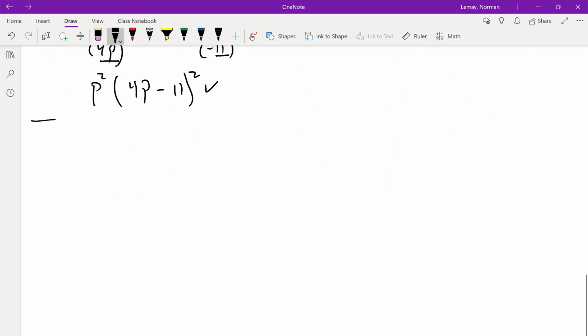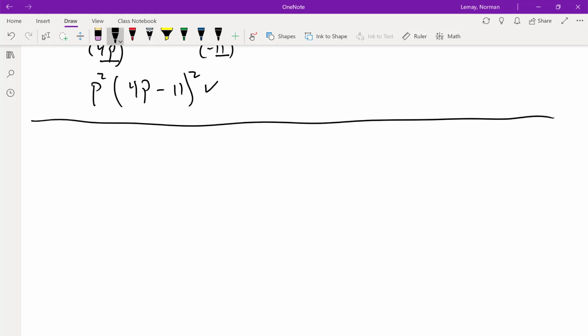All right, so I have one more example. This is the last example, and this one involves two variables. So 49x squared minus 70xy plus 25y squared. So again, as I take a look through these numbers, I'm not really seeing anything in the numbers that I can pull out.